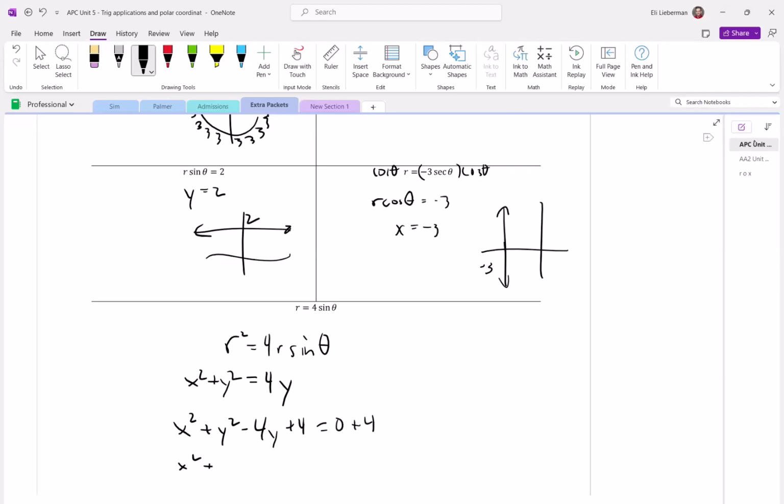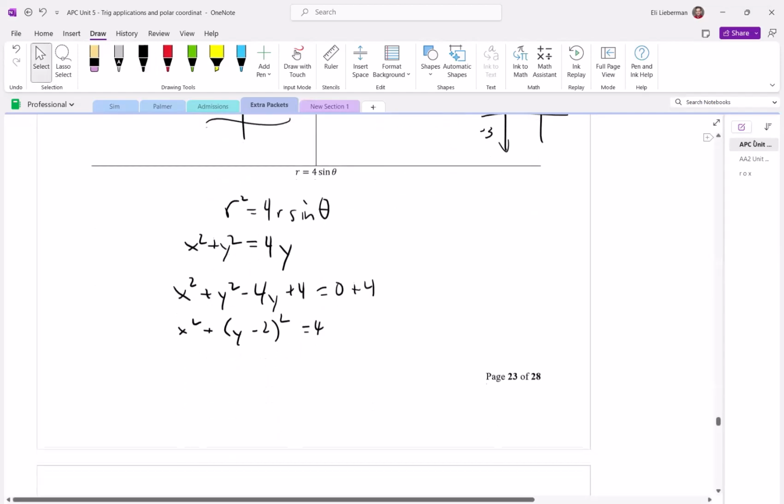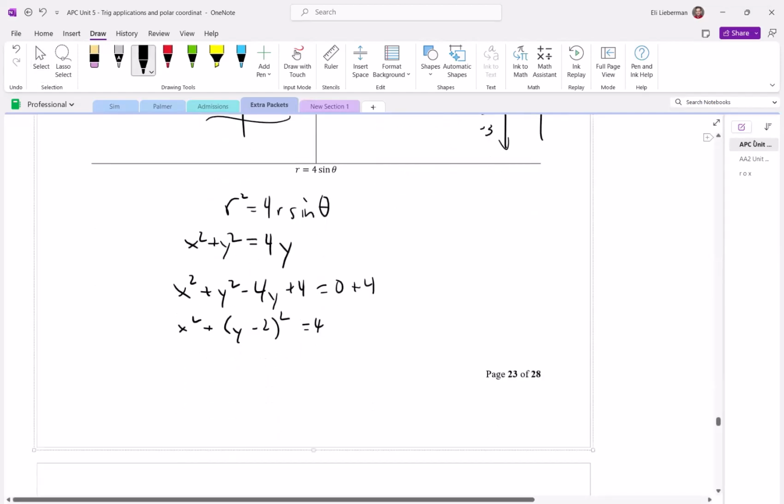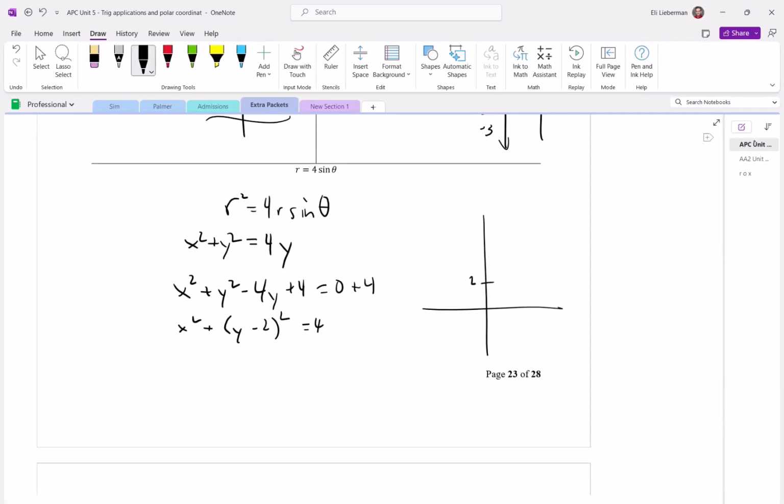We now have x squared plus (y minus 2) squared equals 4. So we have a circle whose center is at (0, 2) with radius 2. So it's going to go up here, go here, and here. Excuse my warbly stylus. It's just a technological issue I'm having. My hand isn't really that shaky.